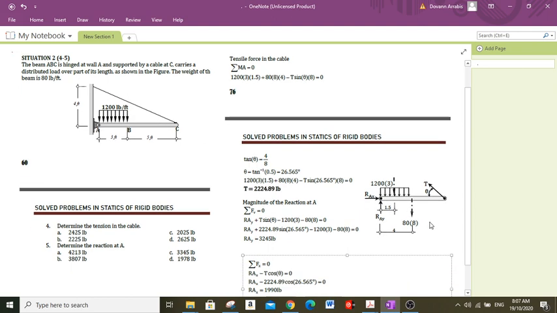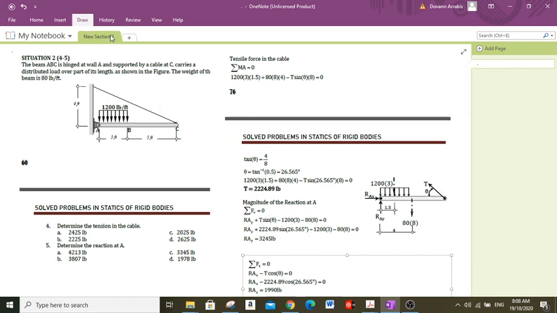By applying summation of moment at A, the forces that can create a moment about point A are the weight of the beam, the distributed applied load, and the tensile force.